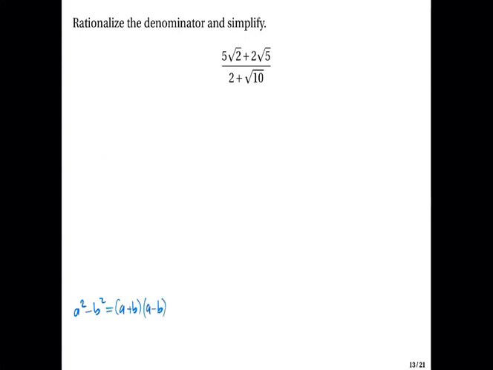Or maybe you can have the a minus b. This is equal to square root of a plus square root of b times square root of a minus square root of b. Or the combinations of all of this. They mean the same thing.